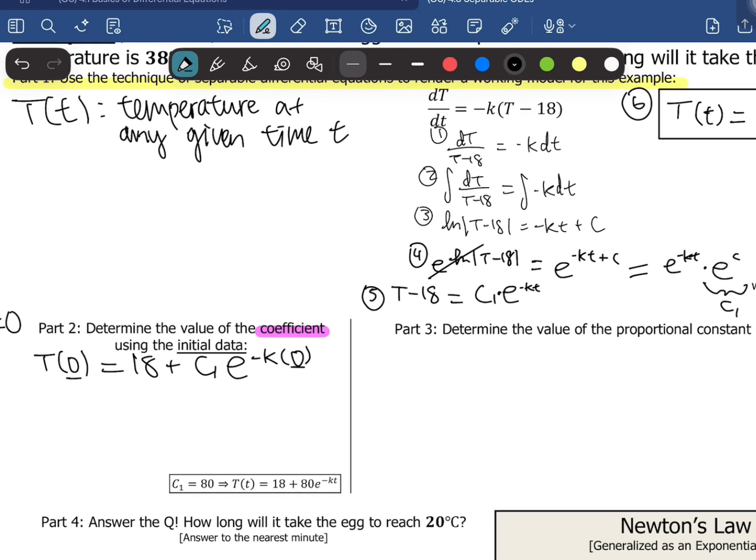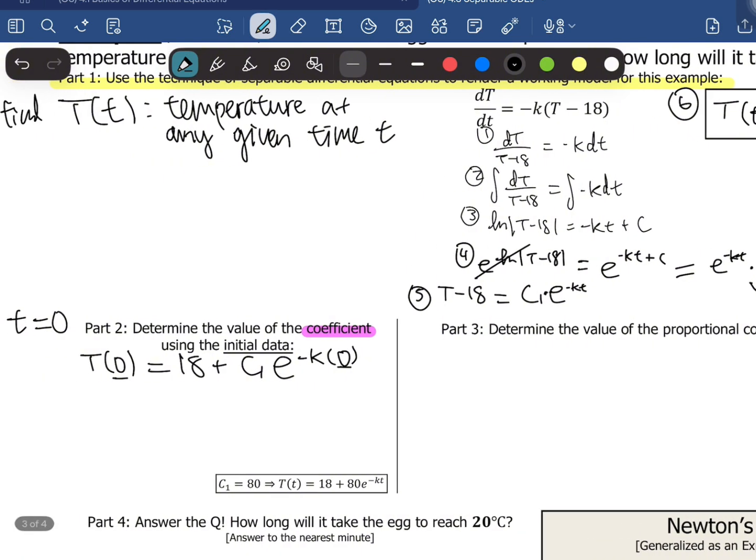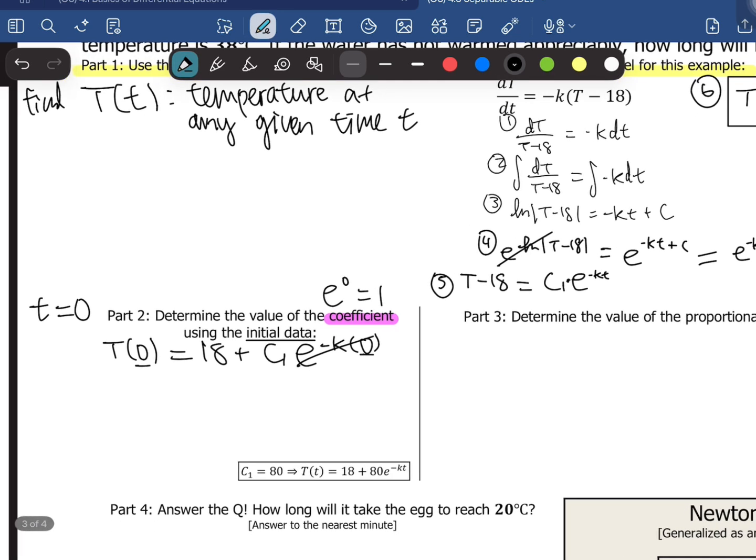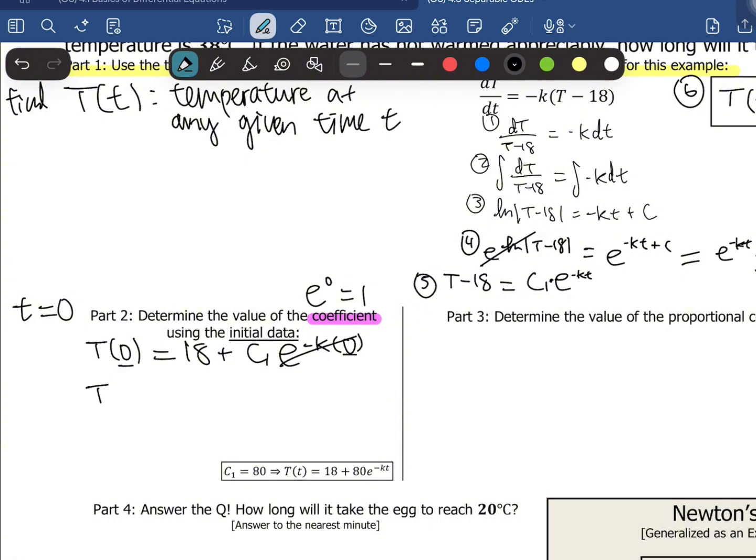So that means e to the something times 0 is going to just be 1, right? Because e to the 0 equals 1. So this guy is 1. And T initial equals 18 plus C1.